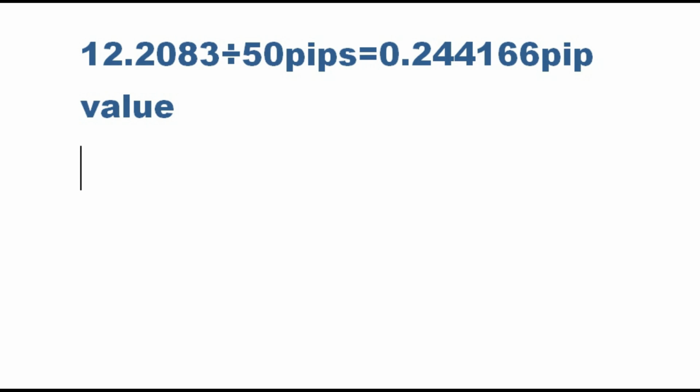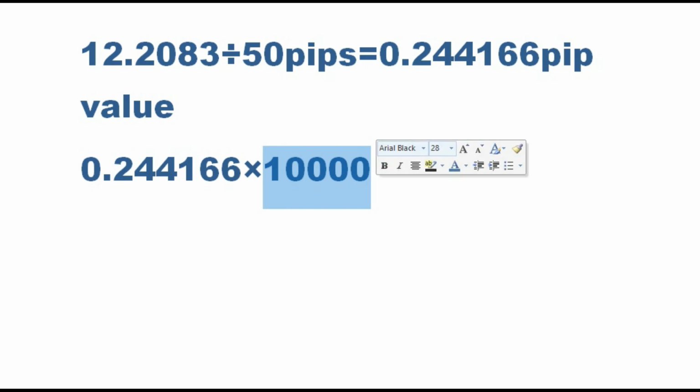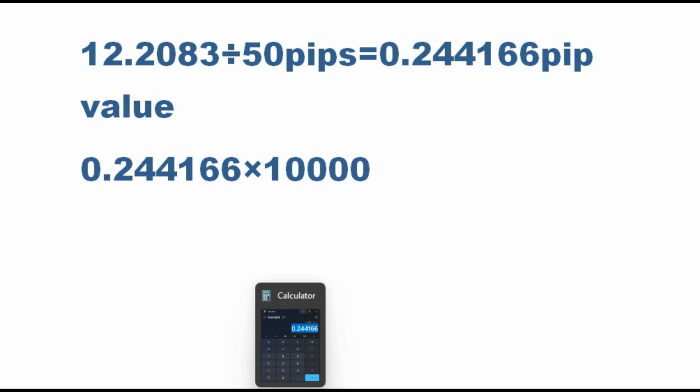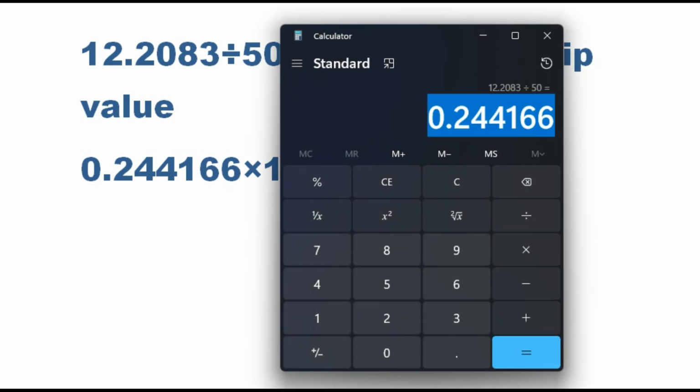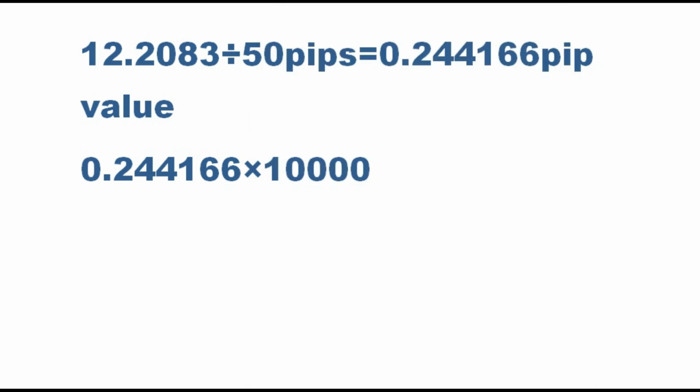So we multiply the pip value times the known units, which is 10,000. This value here is the known units in the currency pair to fit the standard position. So we multiply this by 10,000.